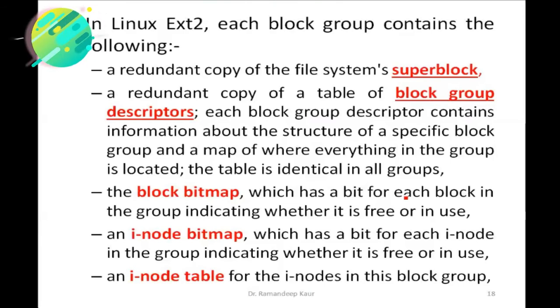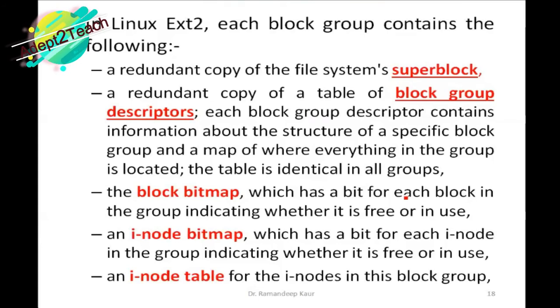Now we'll come to the detail of what the super block is storing and what the block group descriptor is storing. The reason why these two are repeated is that if there is a crash or corruption in your file system and one partition gets disrupted, then you will go to the second block group.